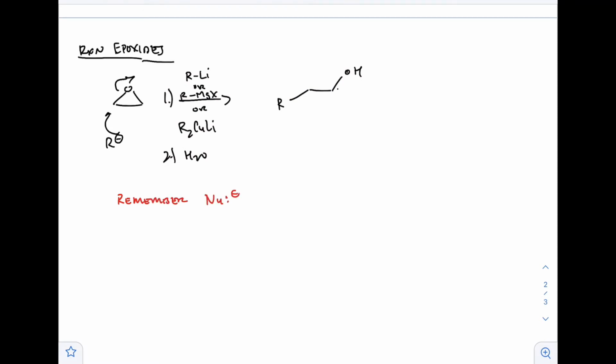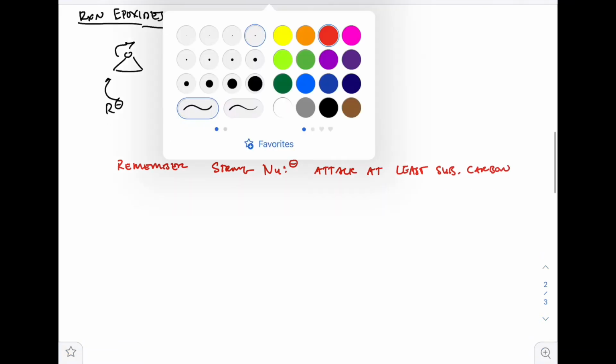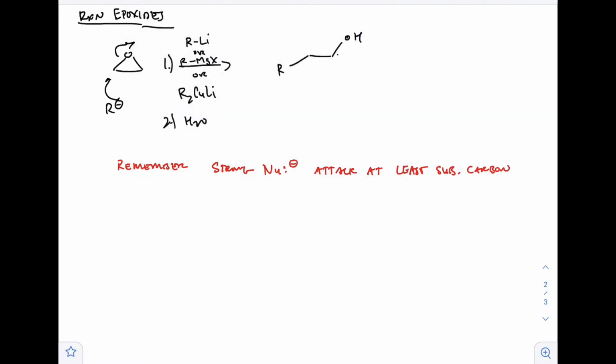What we really want to remember from what seems like eons ago is that strong nucleophiles are going to attack at the least substituted carbon. Okay, so if you have an unsymmetrical epoxide, then you want to make sure that you're getting your regioselectivity correct.